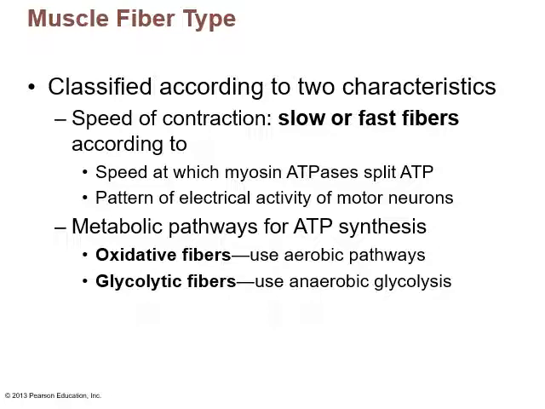Metabolic pathways for ATP synthesis. These oxidative fibers, these are your slow twitch fibers. They're red. They have a lot of myoglobin. Myoglobin stores oxygen. And they're aerobic fibers. They're slow and therefore the long haul. Glycolytic fibers, these are your fast twitch. They use anaerobic glycolysis pathways. They're fast.